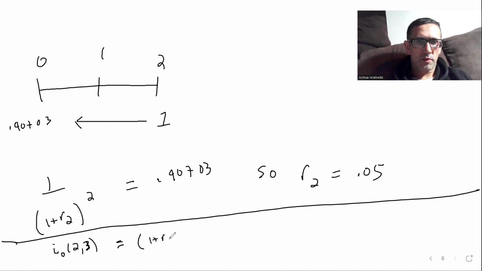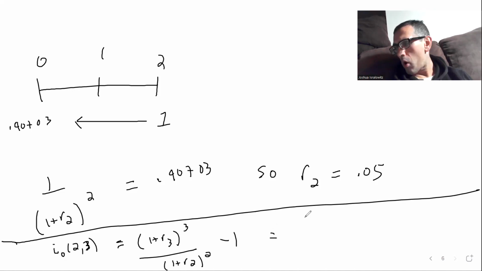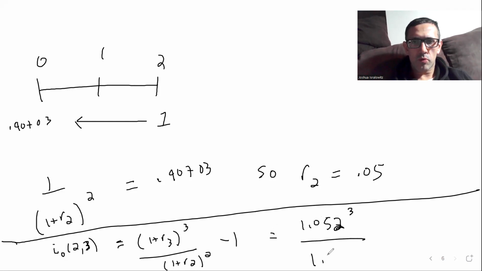One plus R3 cubed over 1 plus R2 squared. 1.052 cubed over 1.05 squared, minus 1.